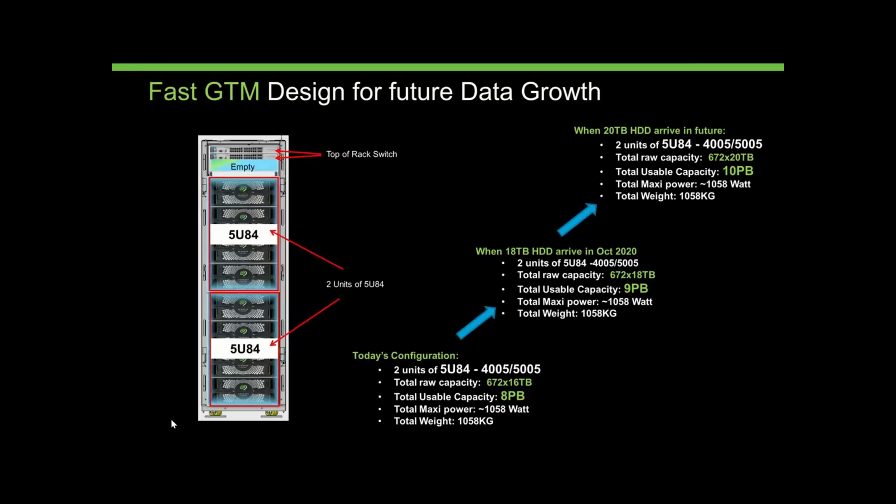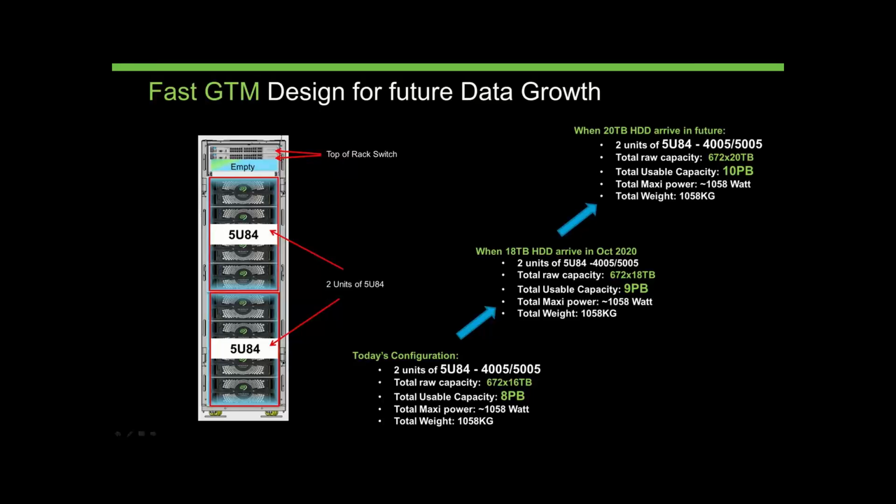So let's look at our design and the difference between our design and most of the other competitors out there right now. At Seagate, we actually manufacture our own hard drives. That means when we design a system, our testing and qualification are done together.